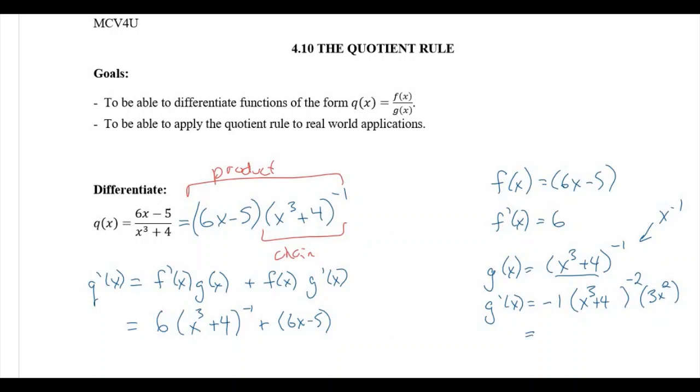By the way, I forgot to simplify this, so let's do that right now. It's negative 3x squared times x cubed plus 4 to the negative 2. So we write that over here: negative 3x squared times x cubed plus 4 to the negative 2.